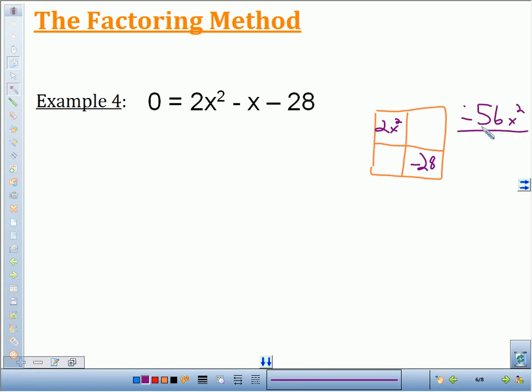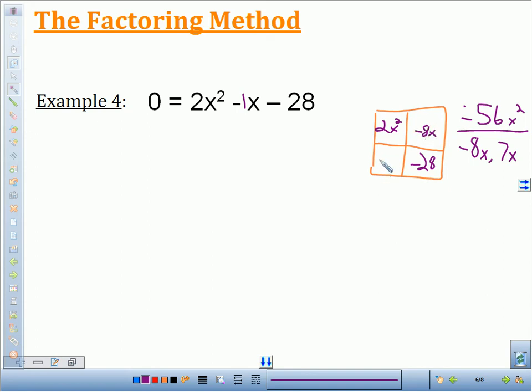We would want the factors of negative 56x squared that add up to negative 1x. And we could go through our factors, and we would find that the factors we need are negative 8x and positive 7x. Negative 8 times 7 is negative 56. Negative 8 plus 7 is negative 1x. So those are going to be the factors.